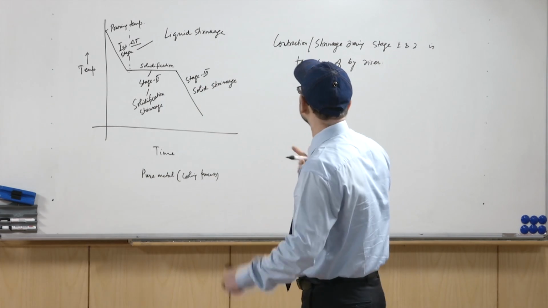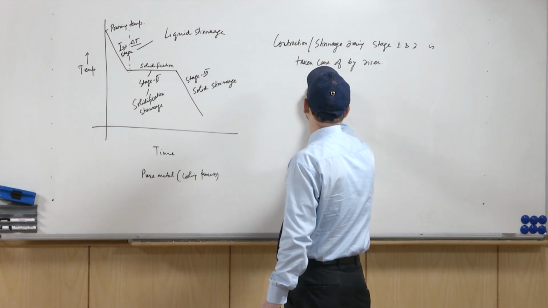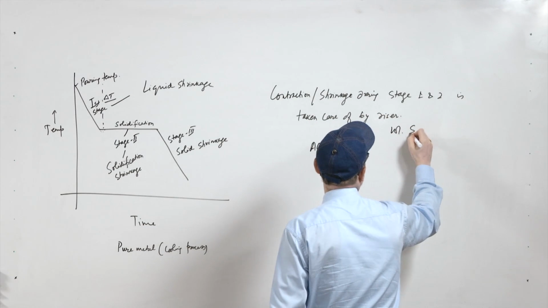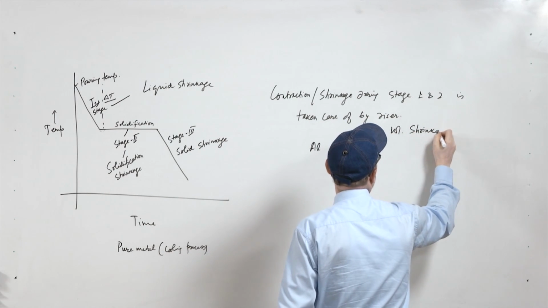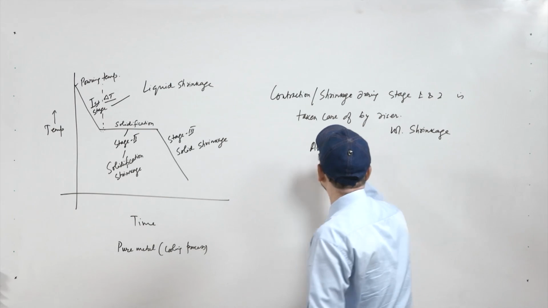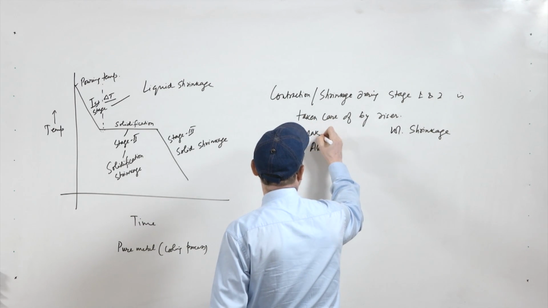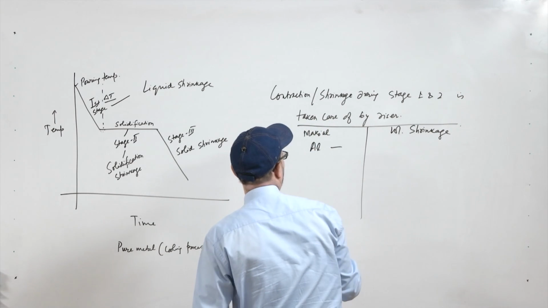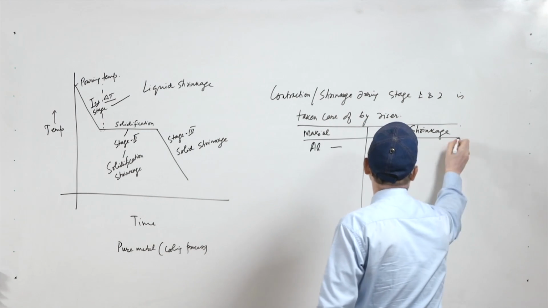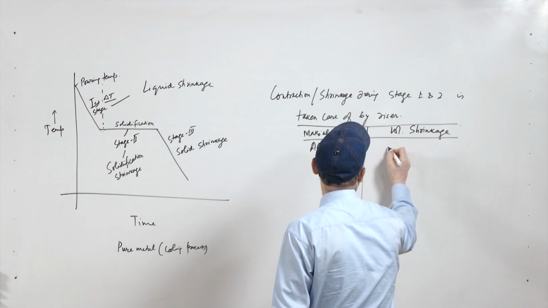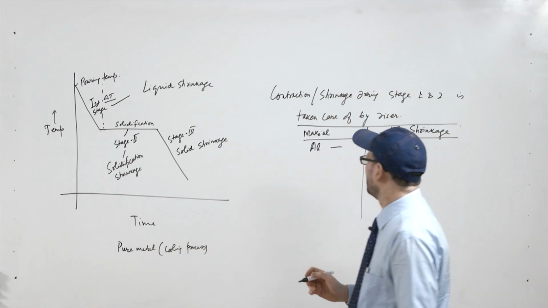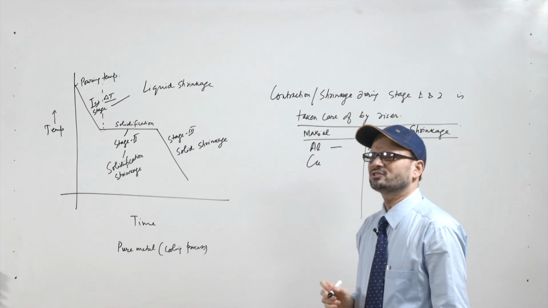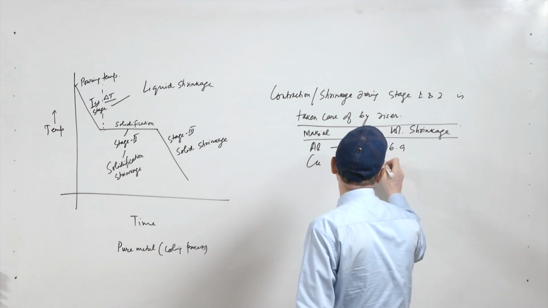So, it is somewhere close to 4.5. For different materials, like for example aluminum, the volumetric shrinkage will depend upon the metal being cast. So, if you take different materials and find their volumetric shrinkage, for aluminum it is somewhere close to 6.9. If you take copper, it will be somewhere close to 4.9.